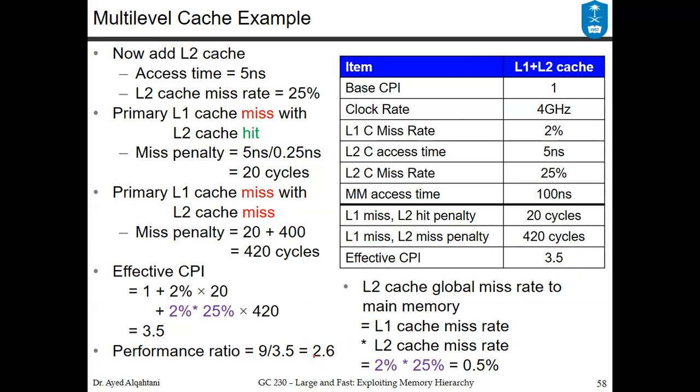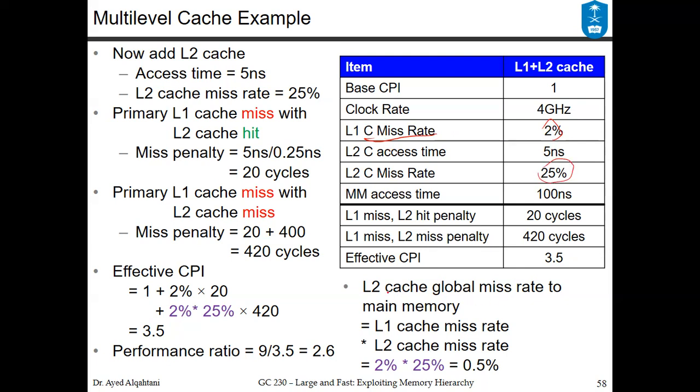As a side note, notice that we have the level 1 cache local miss rate, and that's 2%. We also have the level 2 cache local miss rate, which is the 25%.